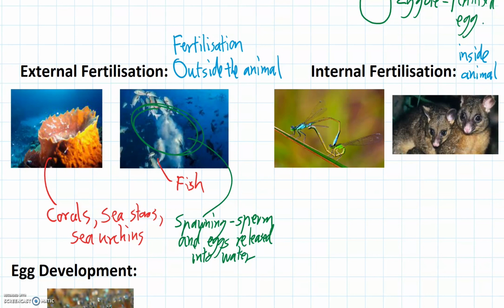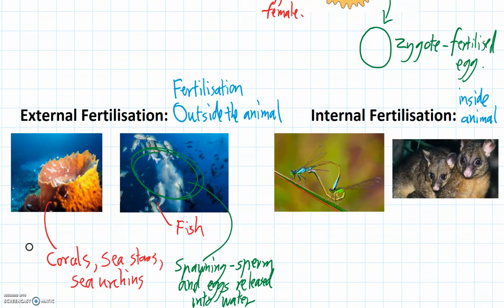And it's really just about probability. Some of those eggs are going to find a sperm, and occasionally there'll be a couple that meet and fertilization can happen. The vast majority of them are just going to die, but there's enough fertilization happening that there'll be some zygotes, and then they eventually grow into new baby fish or baby corals or whatever species it is. So that's external fertilization.